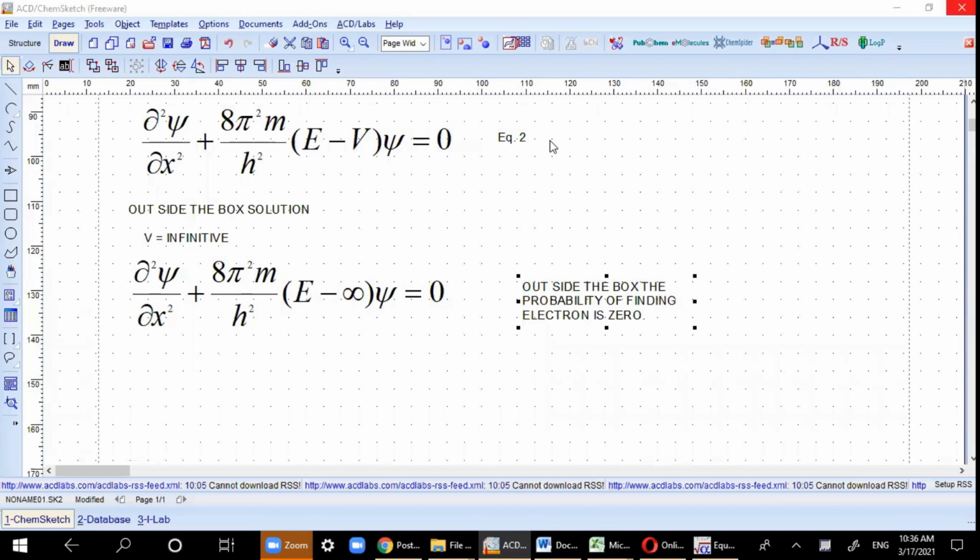Okay, it will be everywhere, we are assuming. That is the meaning. Okay, the wave function is continuous, the wave function is finite, and it has a single value at all the points. These are the three conditions.